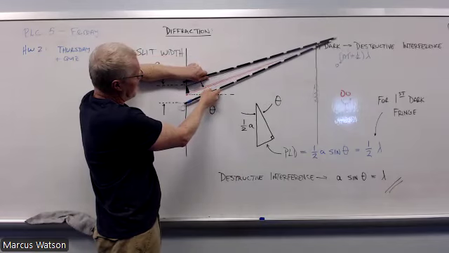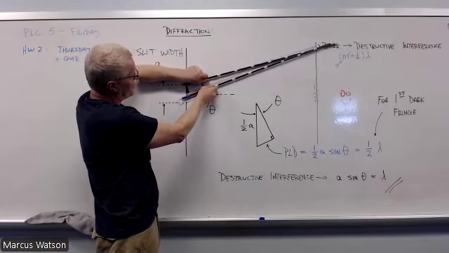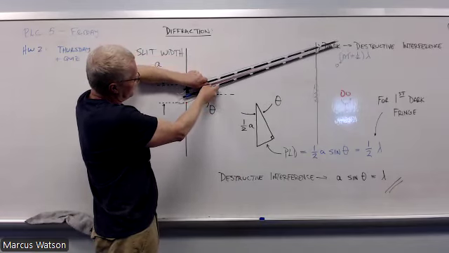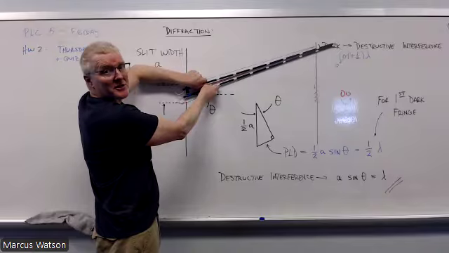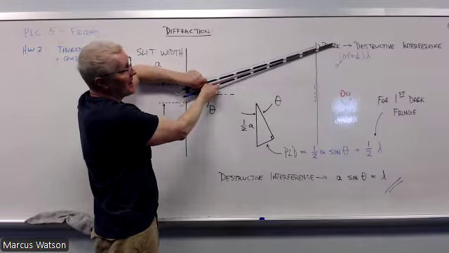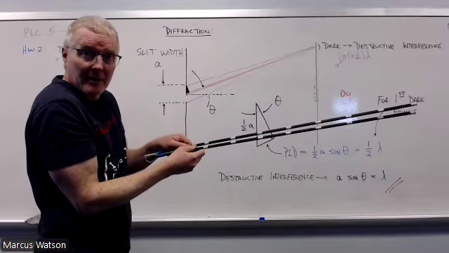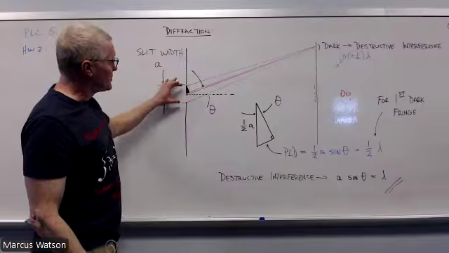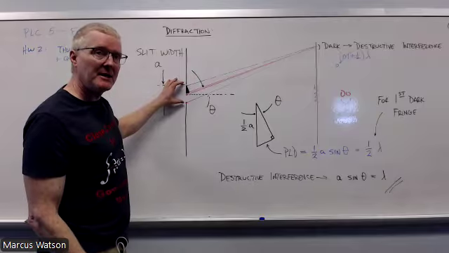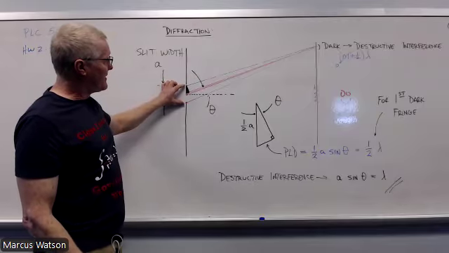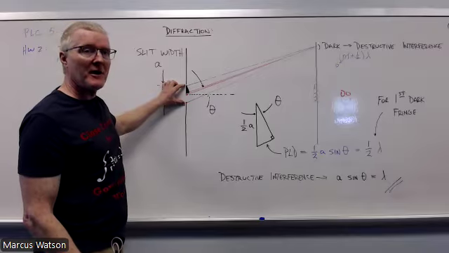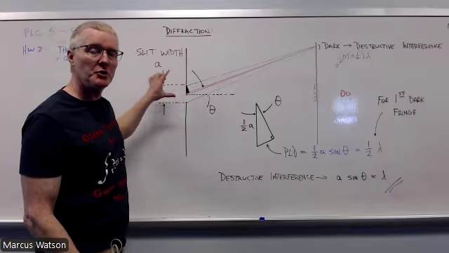But as I start moving them closer and closer in, that path length difference starts to disappear. And now I'm talking about a lot of construction because these two things are almost lining up perfectly. So the condition cannot be that there's a path length difference of a half wavelength between the outer two waves.